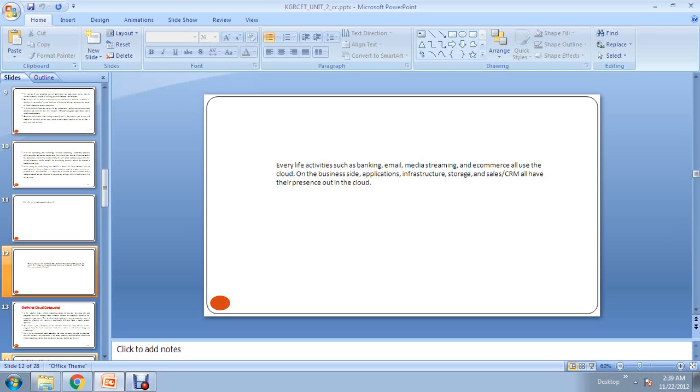For example, online news, YouTube channels, so many things, and also e-commerce. All of these use the cloud. On the business side, applications, infrastructure, storage, and sales, CRM, all have their presence in the cloud.